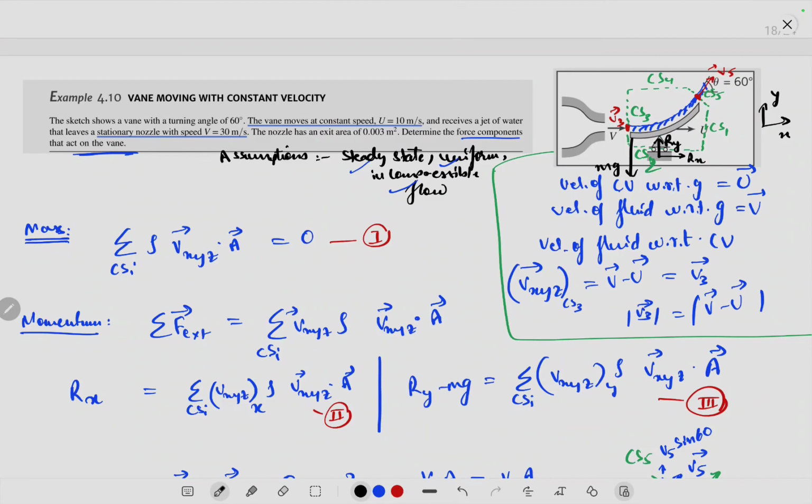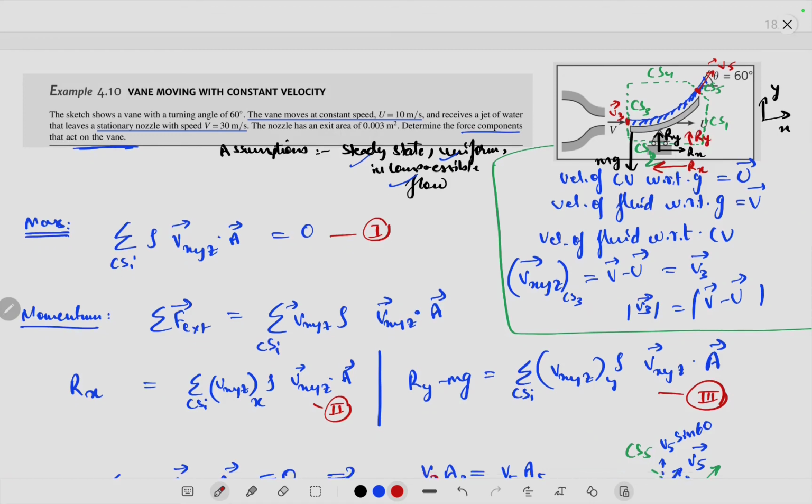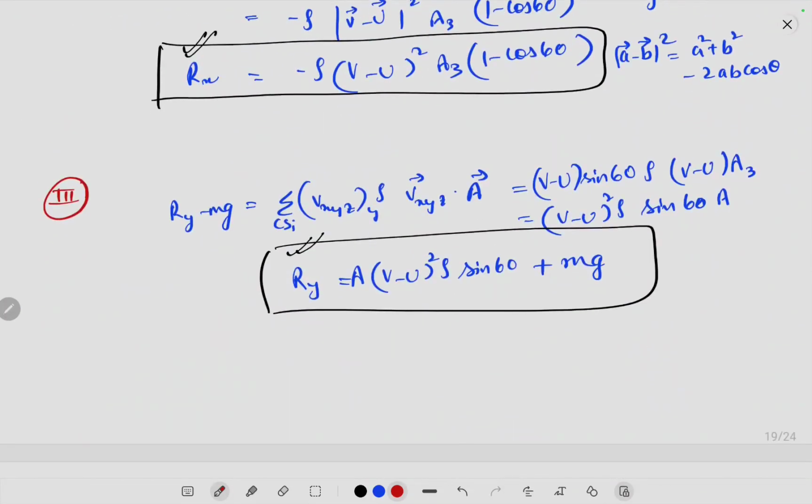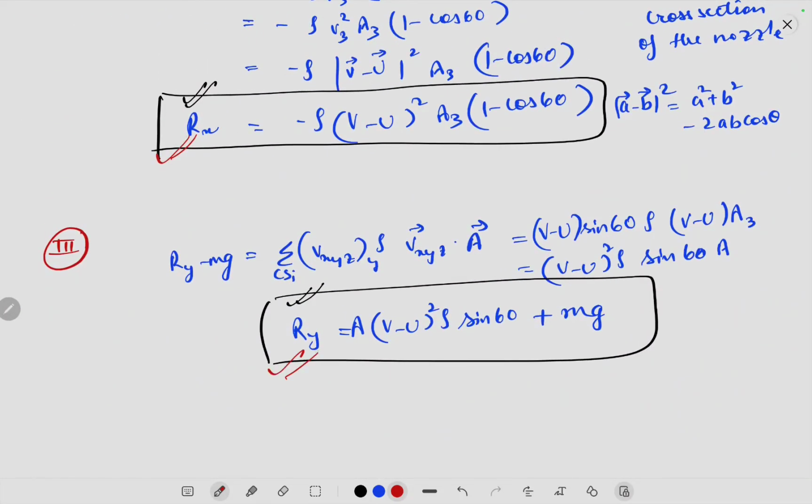So actually Rx is directed towards the minus x-axis and not towards the one that I considered earlier for this problem. This is the actual direction of Rx, and Ry is positive, so this is actually the direction of Ry. The magnitudes are given by these equations.